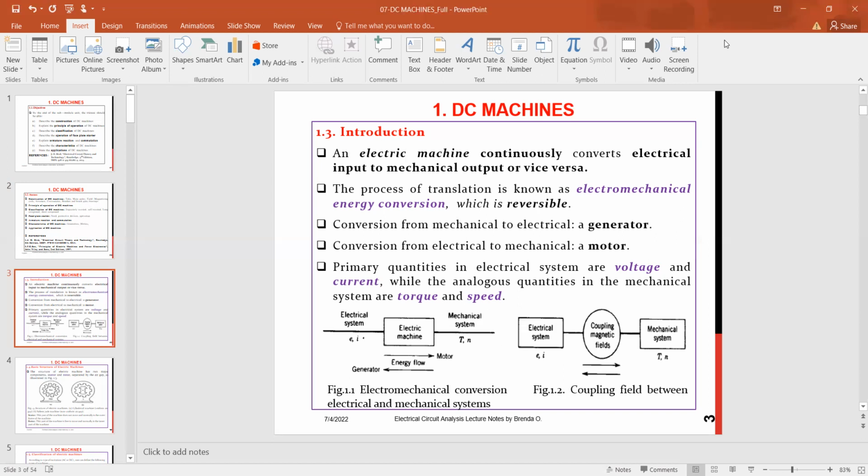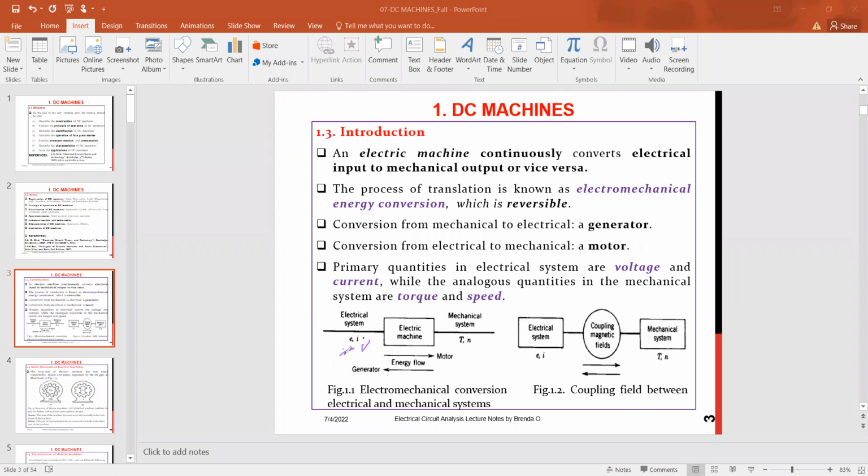And then in electrical systems, we have the voltage E, and we have I in electrical systems, that is the current.